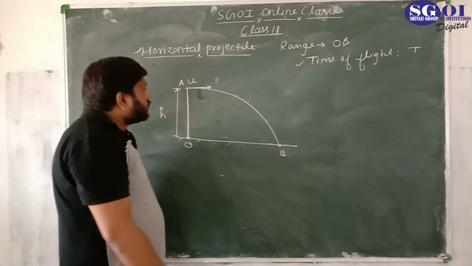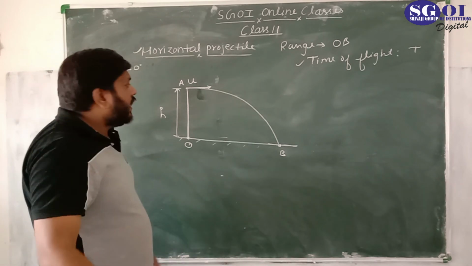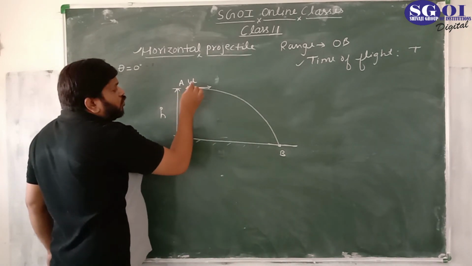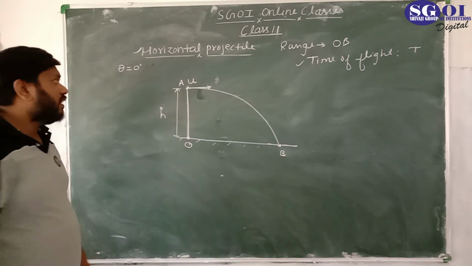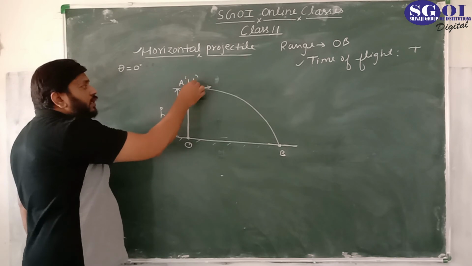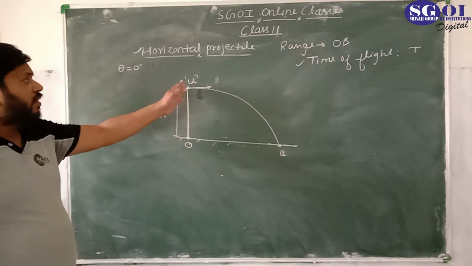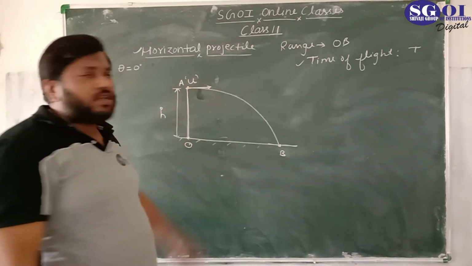Let's start to solve. As we know, at this point it is thrown with angle theta equal to 0, and there is an initial velocity u. What is the vertical component of the initial velocity?